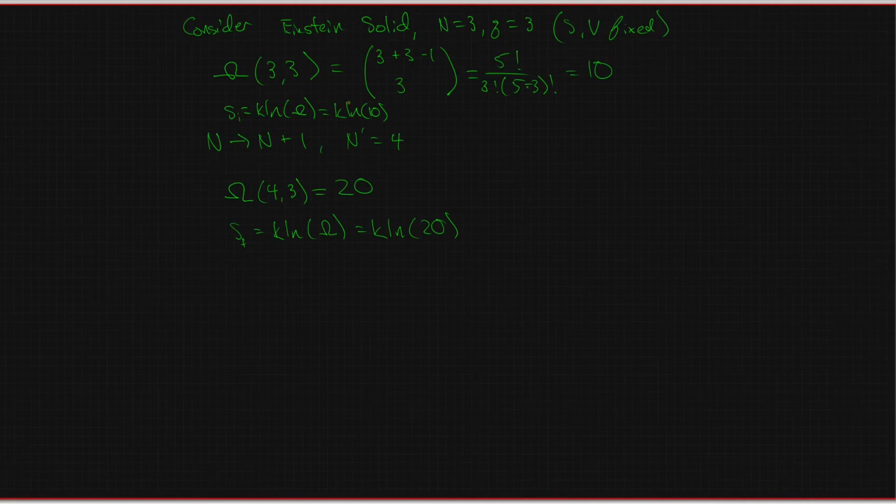going from this entropy to this entropy can be thought of as just adding 1 unit of energy. So basically that delta U is equal to epsilon, if epsilon is the unit of energy that we're talking about here.